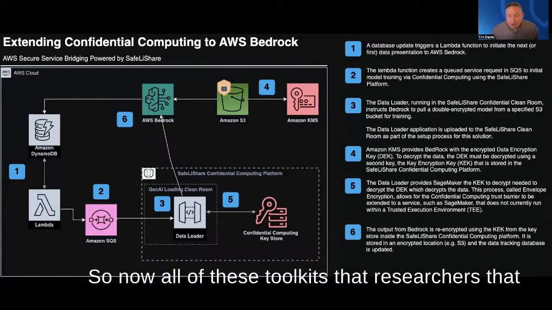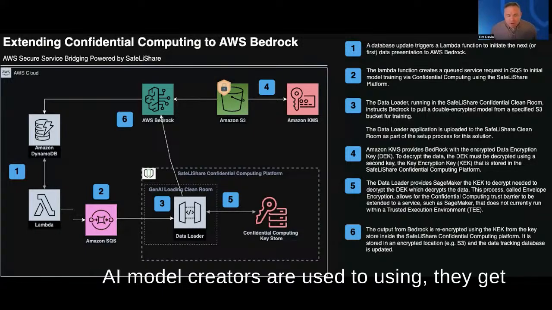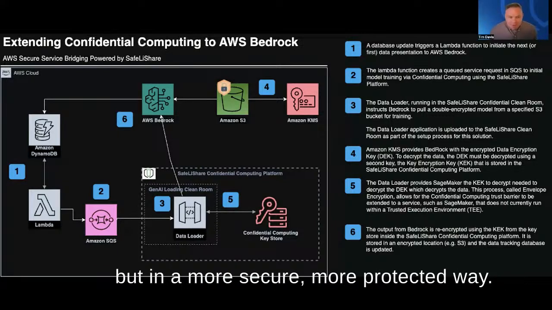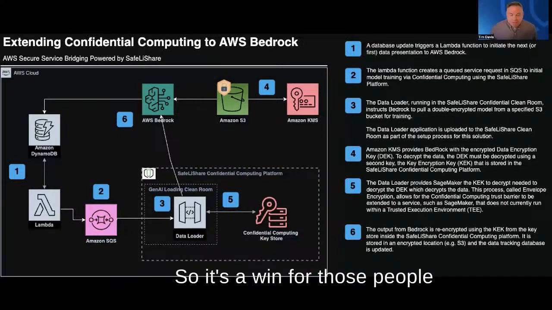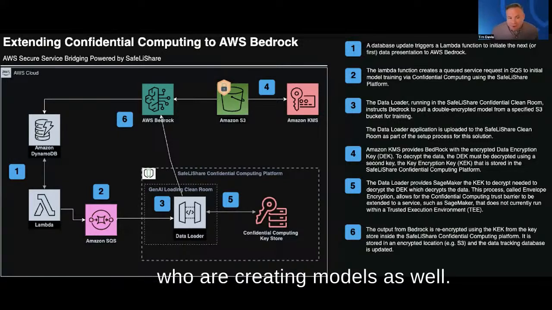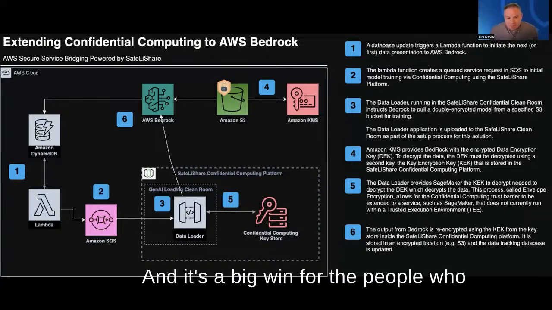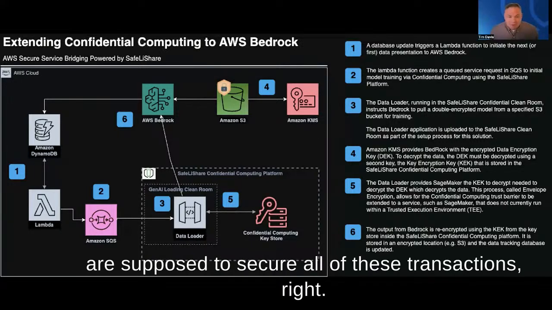So now all of these toolkits that researchers and AI model creators are used to using, they get to continue to use, but in a more secure, more protected way. So it's a win for those people who are creating models, and it's a big win for the people who are supposed to secure all of these transactions, right?